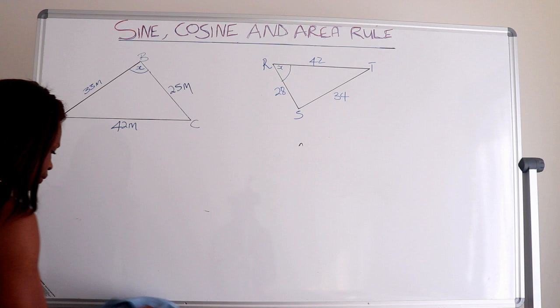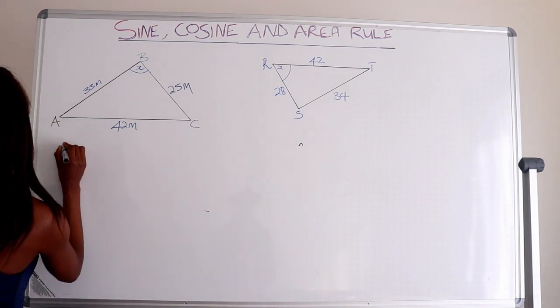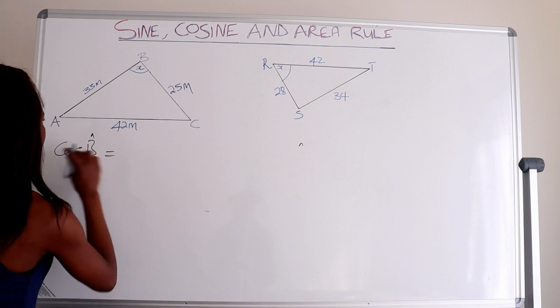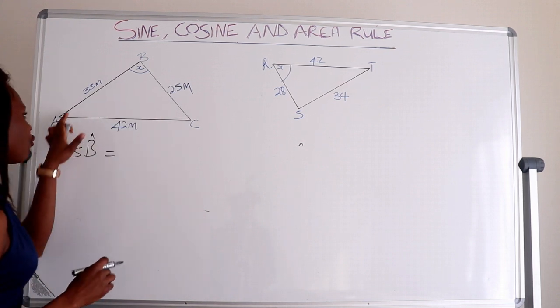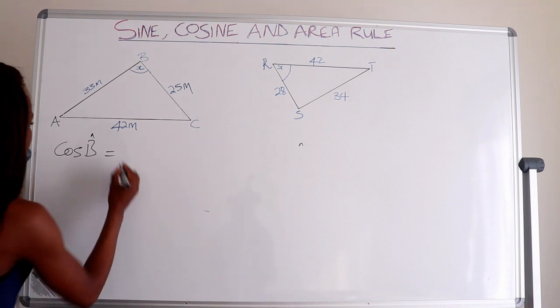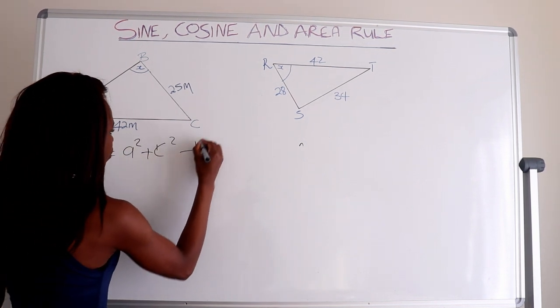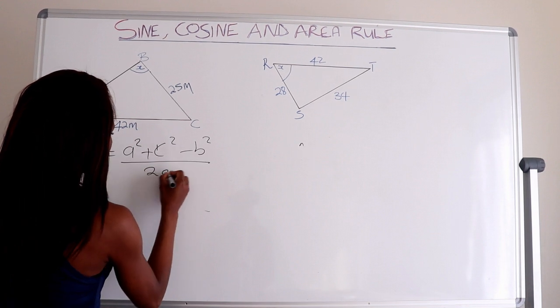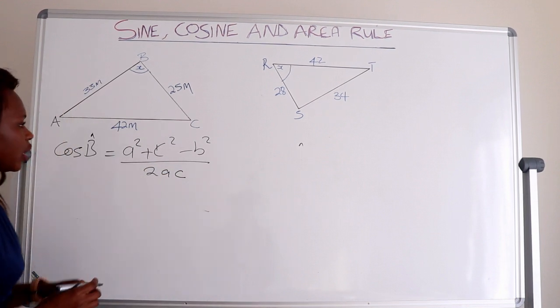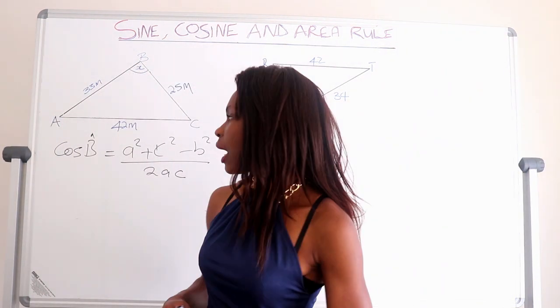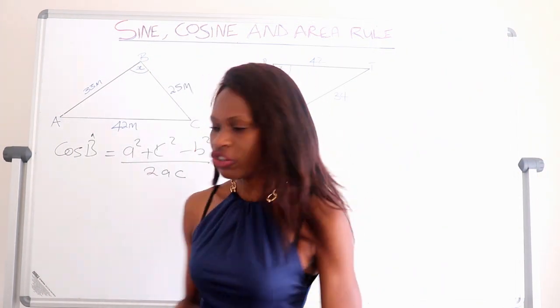Here we have cos of B, angle of B, equals a squared plus c squared minus b squared divided by 2ac. This equation will enable us to find the unknown angle of B.